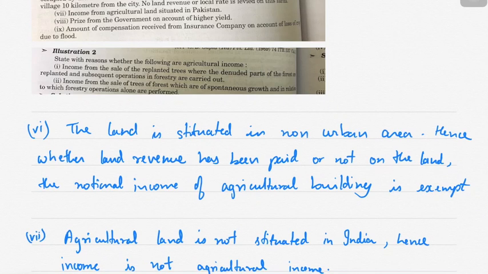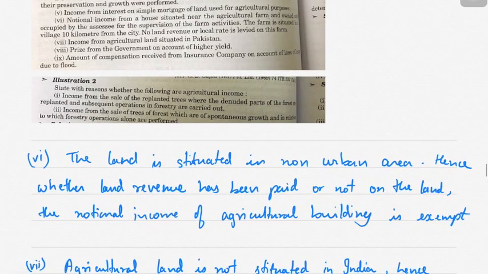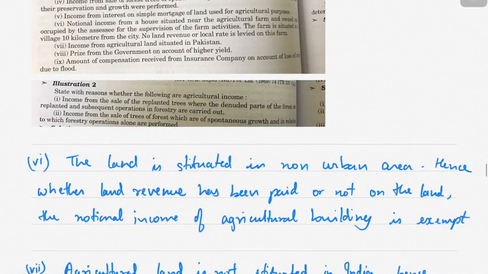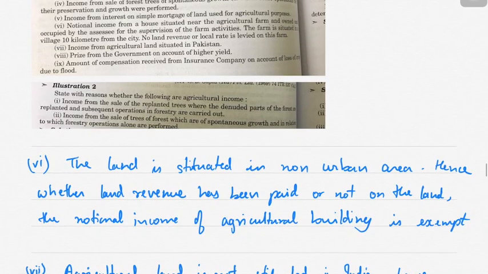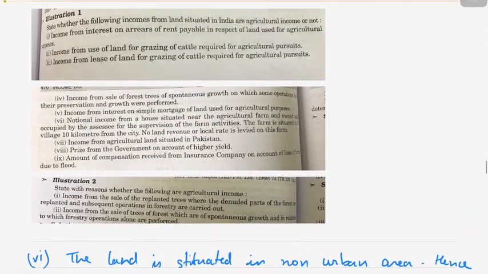Income from the sale of replanted trees where the denuded parts of the forest are replanted and subsequent operation in forestry are carried out. And the second one is income from sale of trees of forest which are of spontaneous growth. So first one would be agricultural income, and second one is not an agricultural income because it is of spontaneous growth and in relation to it forestry operations alone are performed.